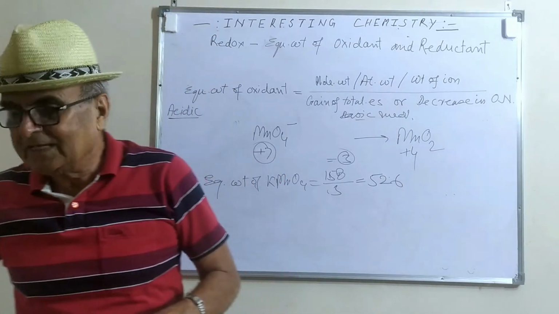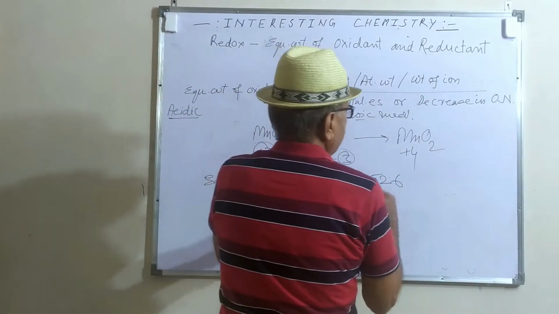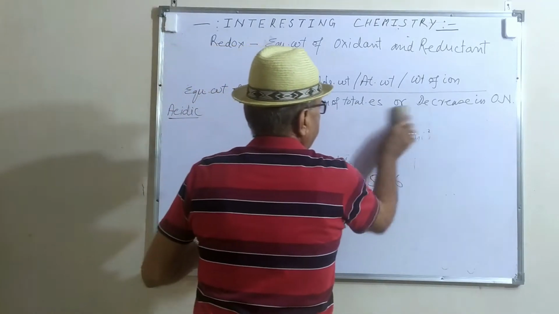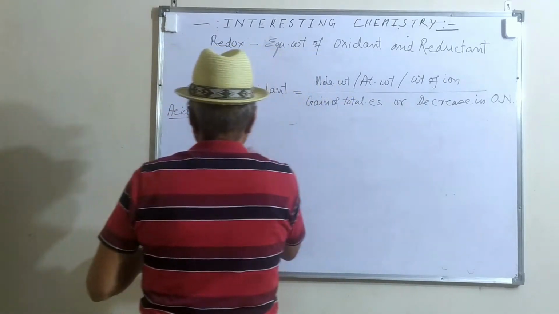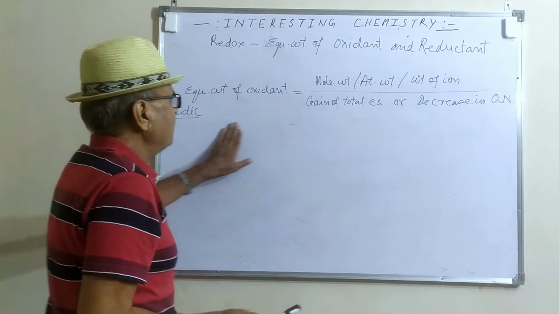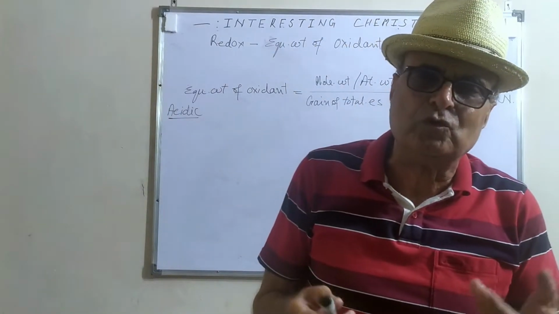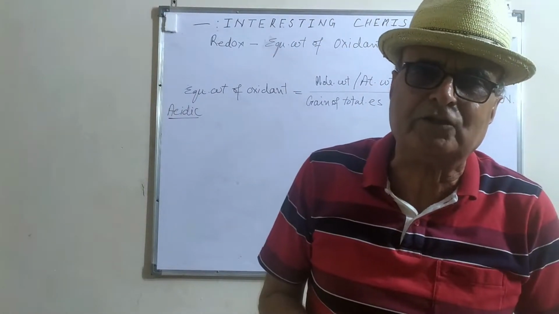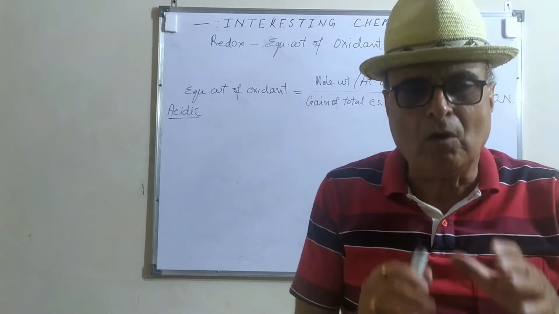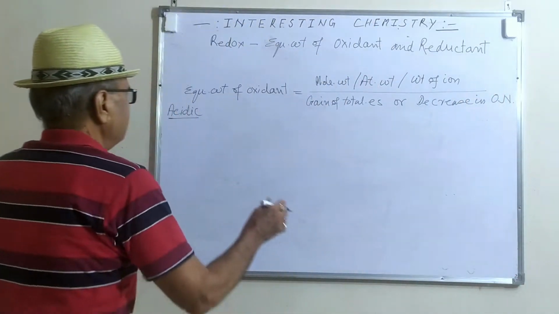Now I am telling you about potassium dichromate. Calculate the equivalent weight of potassium dichromate. As you know, potassium dichromate reacts only in the acidic medium, so you will calculate the equivalent weight of potassium dichromate only in acidic medium. So what is the equation?